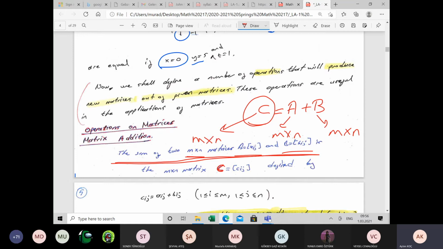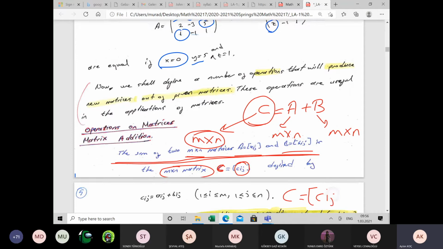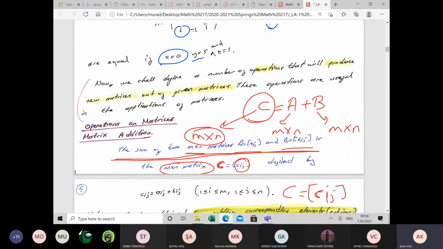So if we have two m by n matrices, the sum of A and B, denoted by C, should be an m by n matrix. The first step is to determine the dimension, and the next step is to give all the entries Cij. So what is the entry Cij?